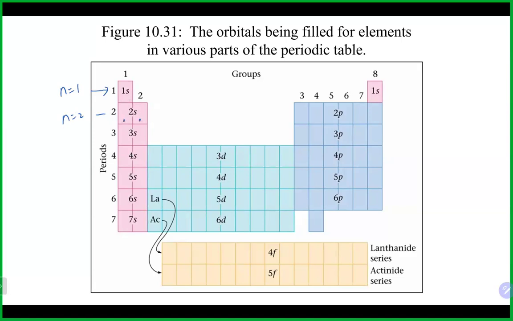Groups 3 through 8 are the p block, and p can hold 6 electrons. The transition metals are the d block. They can hold 10. And down on the bottom are the f orbitals. They can hold 14.